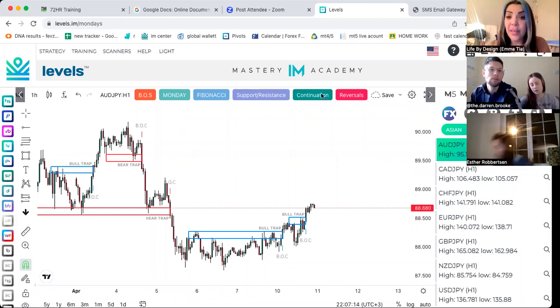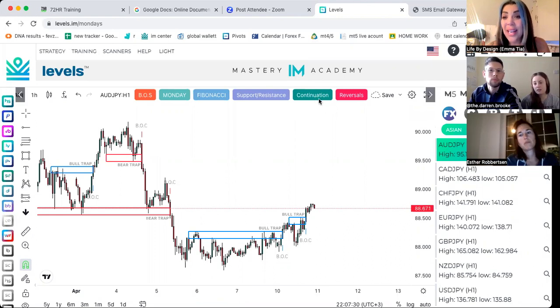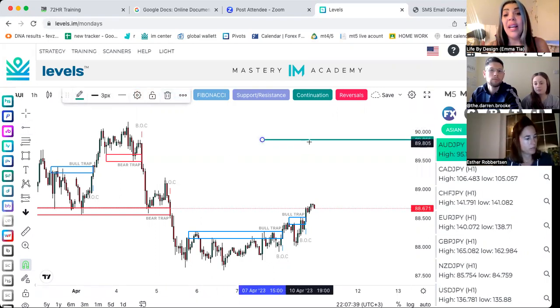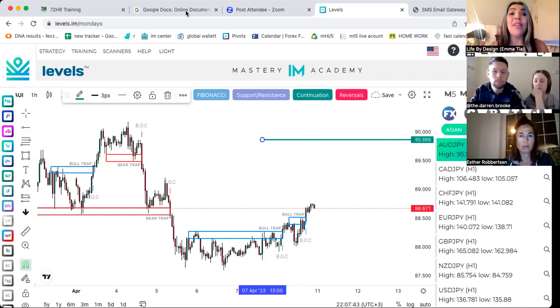I want to show you continuations because this button up here is going really soon. You see this green continuations button up here? That's going to be removed. And don't be too sad, because instead what we're going to have on this button is an alarm, where you can say, okay, level system, when the market gets to this area, send me an alarm. Can you put some excitement in that chat box?